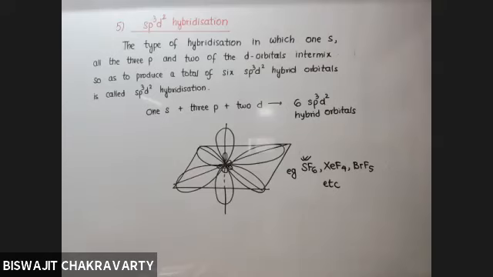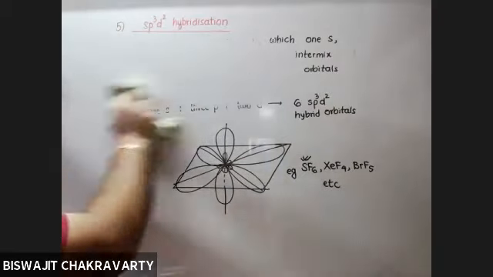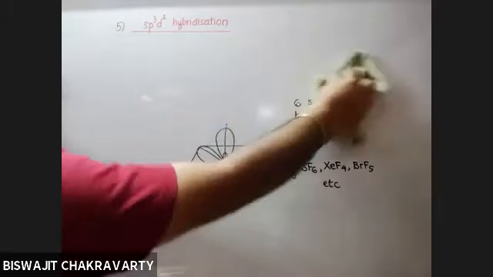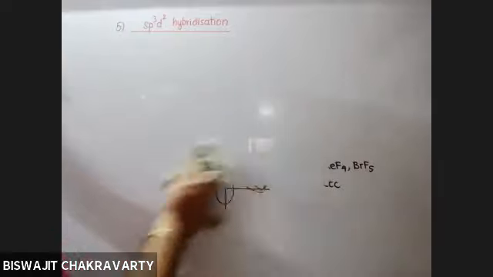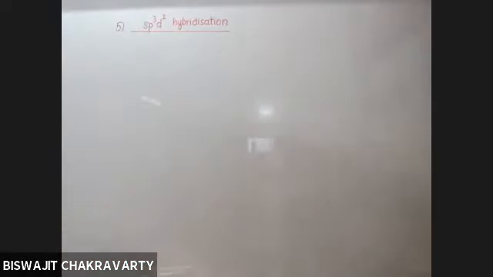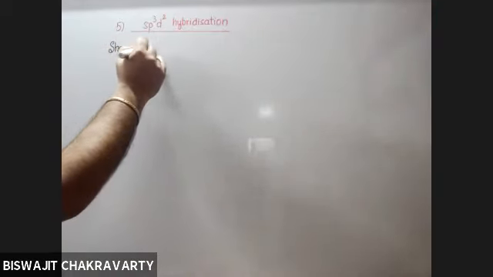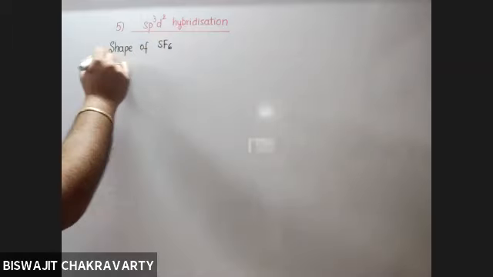Tell me after you have finished drawing so that we can get into the SF6 structure. Done, sir. Okay. So under sp3d2, we discuss the shape of SF6. The central atom is sulfur.